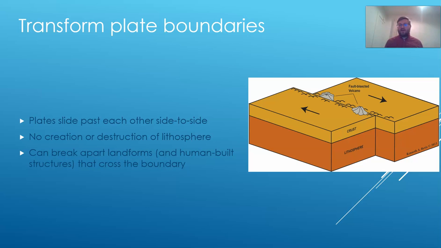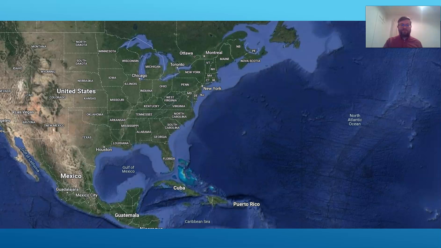So transform plate boundaries are some of the least obvious ones just by looking at the landforms on the surface of the Earth. They're a lot harder to spot just visually by the landforms than the convergent and divergent plate boundaries. So let's look at an image from Google Maps on the satellite view.